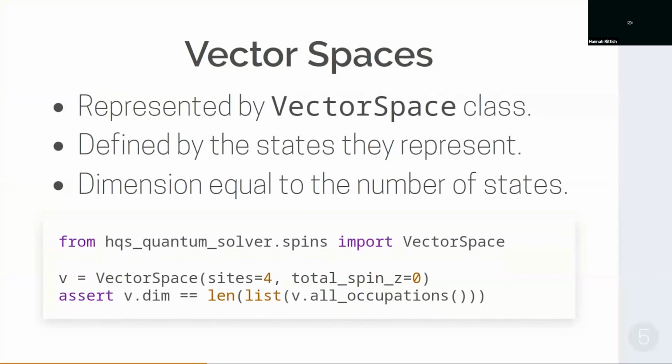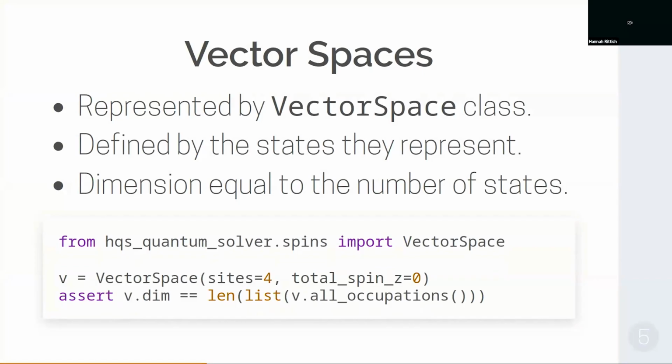During this talk, we'll be focusing on spin systems alone. If you want to learn more about how to use the software for fermions or bosons, things are pretty similar, but you find good examples in the documentation.